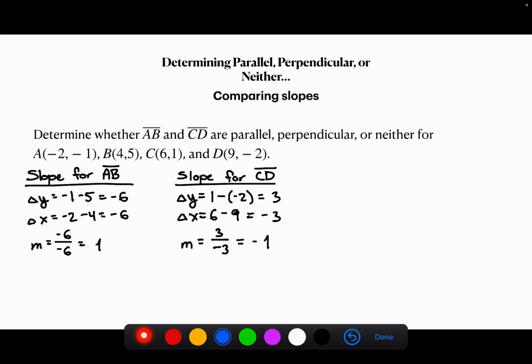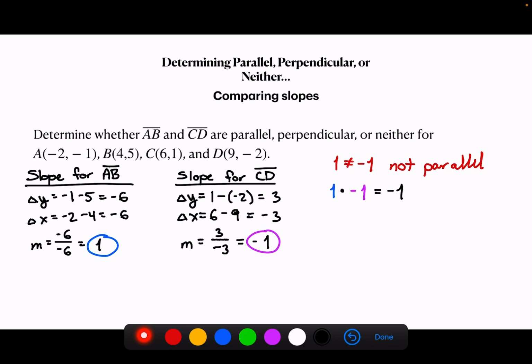Now, let's take this and let's take this. They are not the same, so we can say that 1 does not equal -1, so they are not parallel. But if we say 1 multiplied by -1, we get -1.